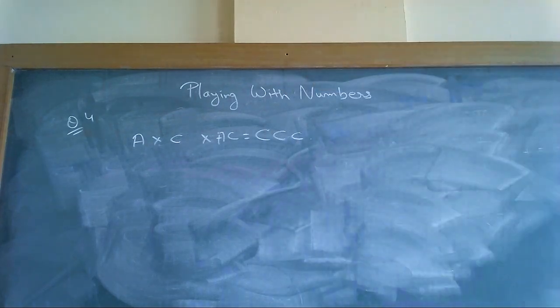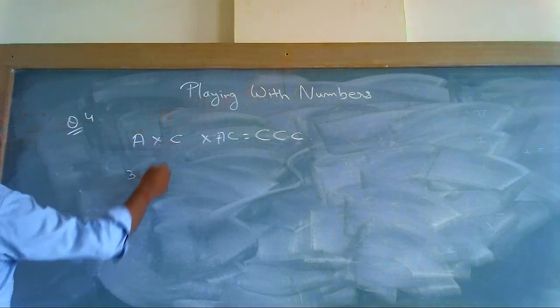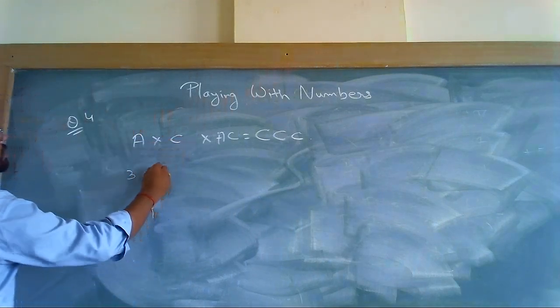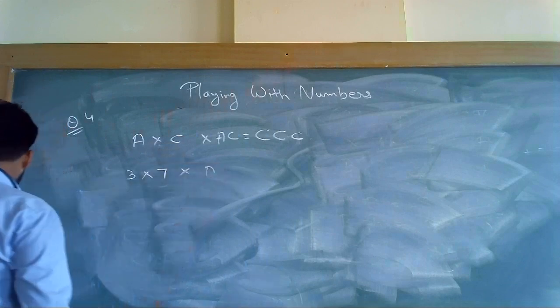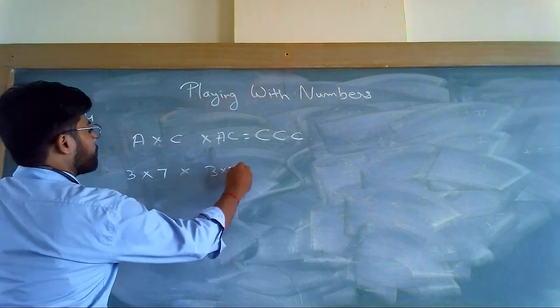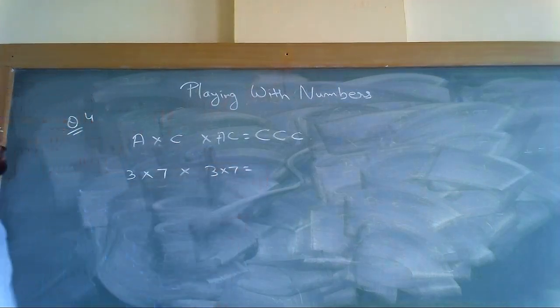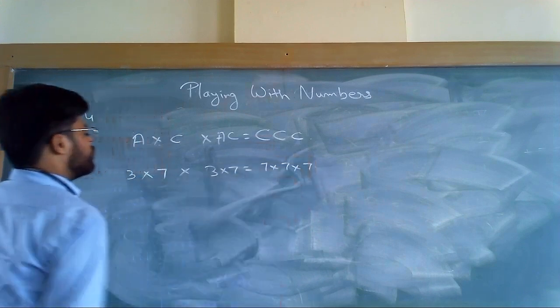If I take A equal to 3, not 4, not 5, not 6, and 7 if I take, then look at that. If I take A as 3, then C is 7. A value is 3 and C value is 7 into 7 into 7.